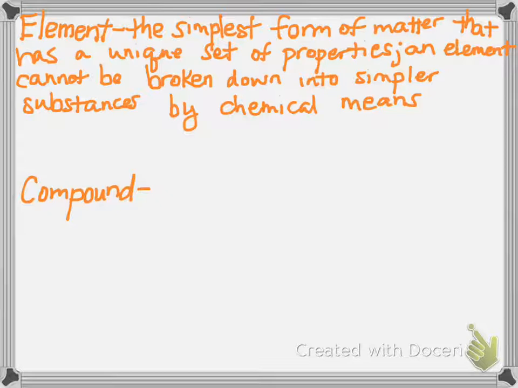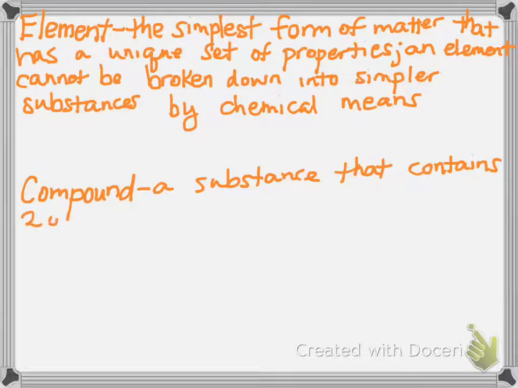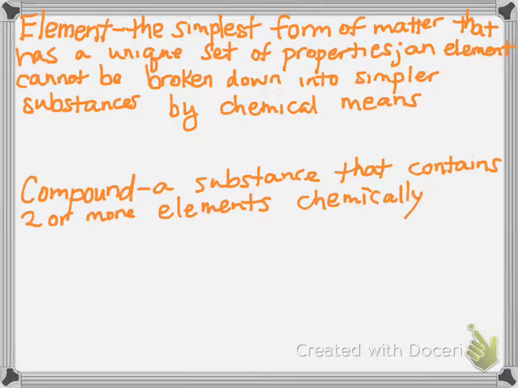We use elements to make compounds. So a compound is a substance that contains two or more elements chemically combined in a fixed proportion.